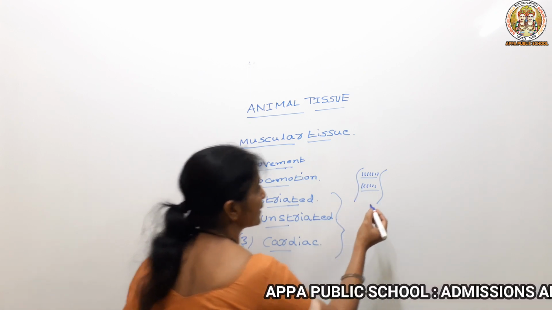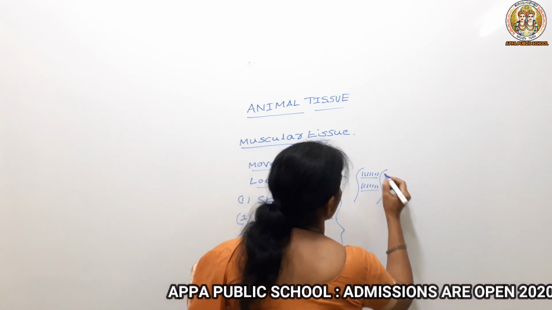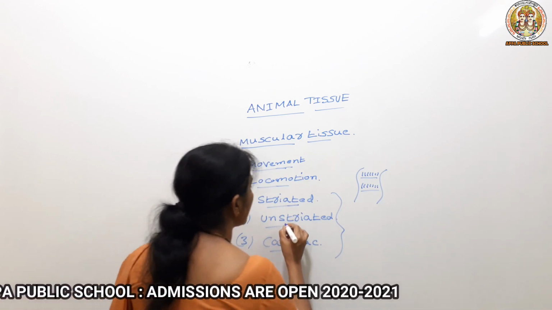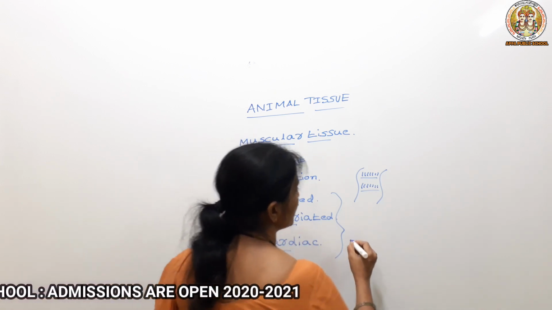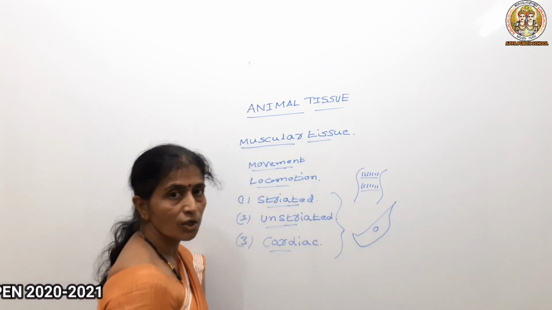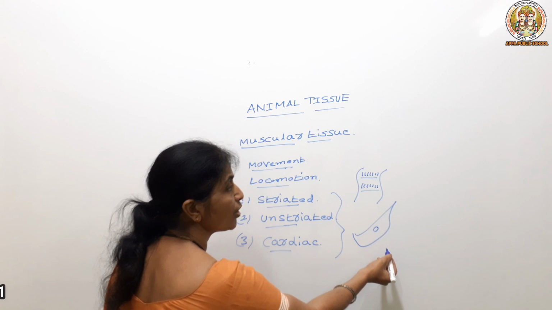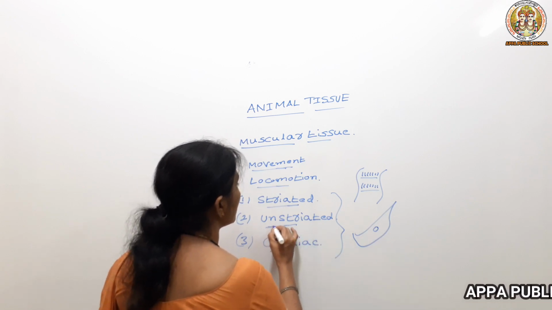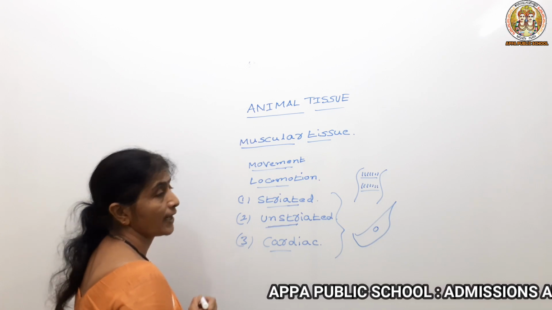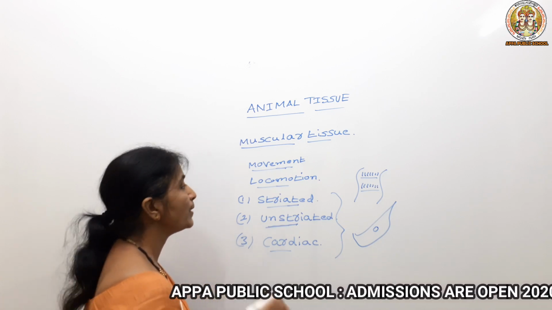Depending upon these striations, they are named striated muscular tissue. Then the second one is unstriated. It has a spindle shaped structure, and striations are not found. That's why it is unstriated, non-striated, non-striped, involuntary muscle.